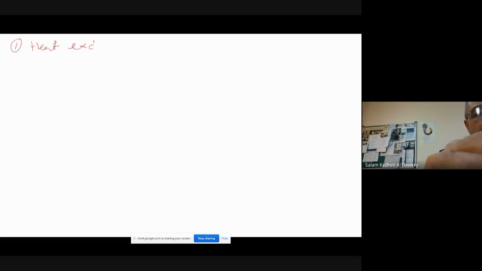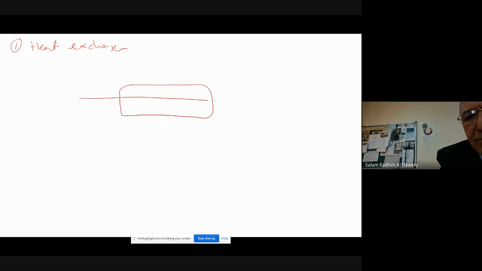Control on a heat exchanger. Assume this is our heat exchanger, and this is a hot stream in, and this is your hot stream out.